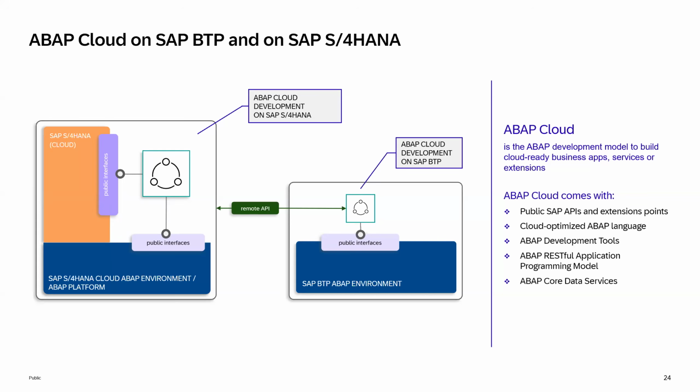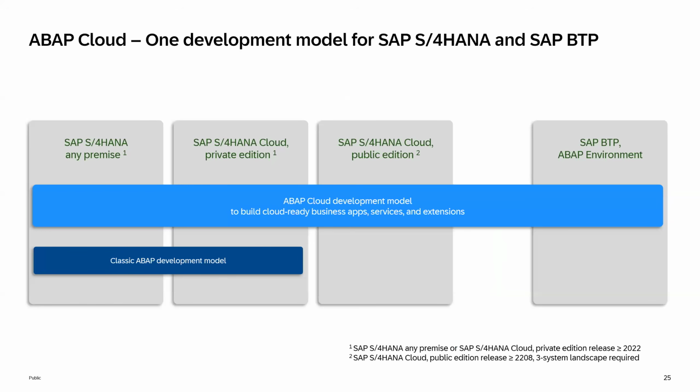And in the S/4HANA public cloud, the ABAP Cloud development model is set by default. You can also program with ABAP Cloud side by side on the SAP BTP ABAP environment. So ABAP Cloud is one development model which is provided across all solutions, in S/4HANA public cloud and SAP BTP ABAP environment.